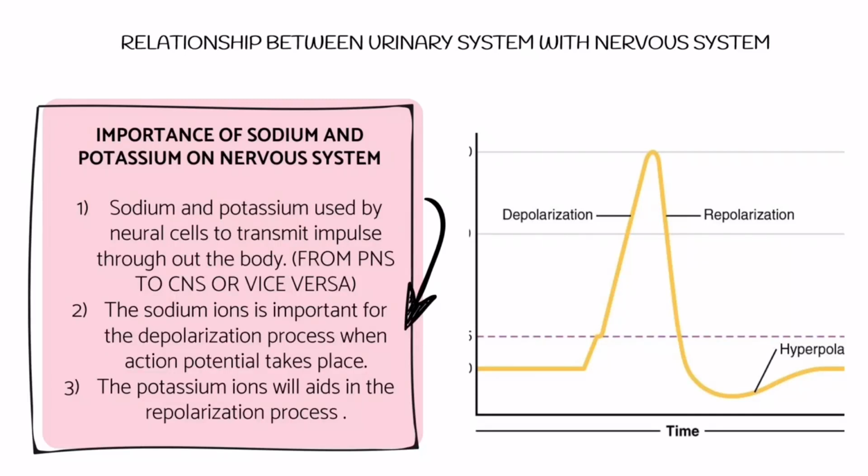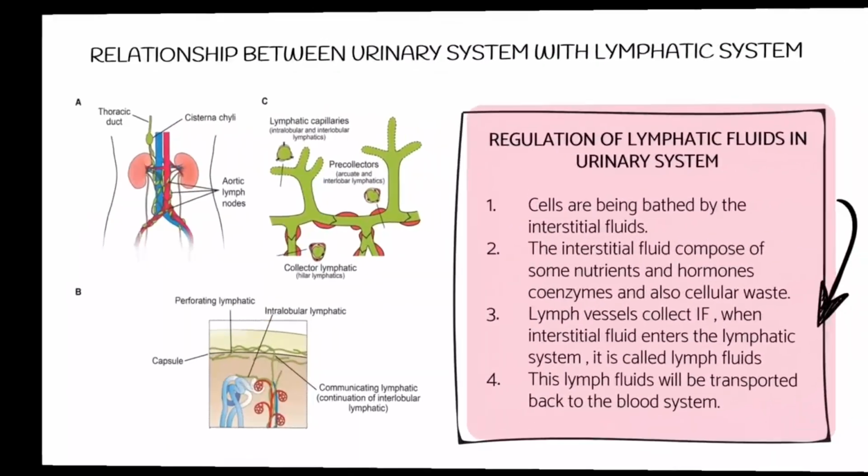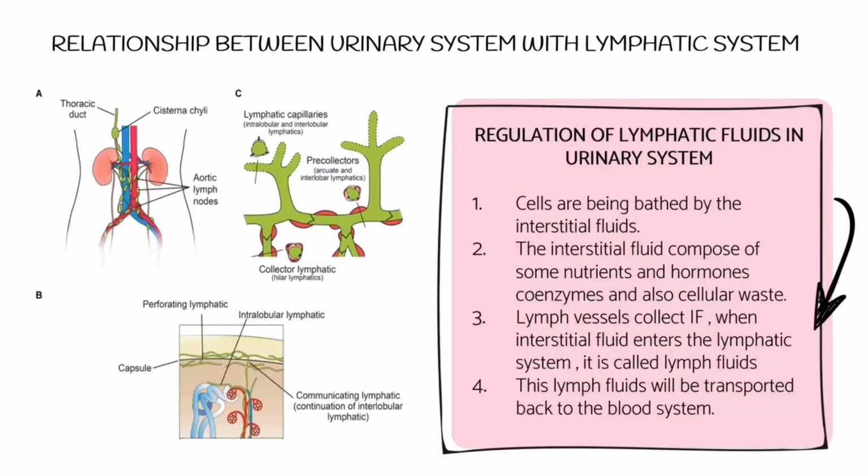From this graph, we can conclude that sodium and potassium regulation by the kidney and renal system is very important in order to maintain the optimum function of the neuron cells. So let's move to our next topic, the relationship between renal physiology and the lymphatic system.